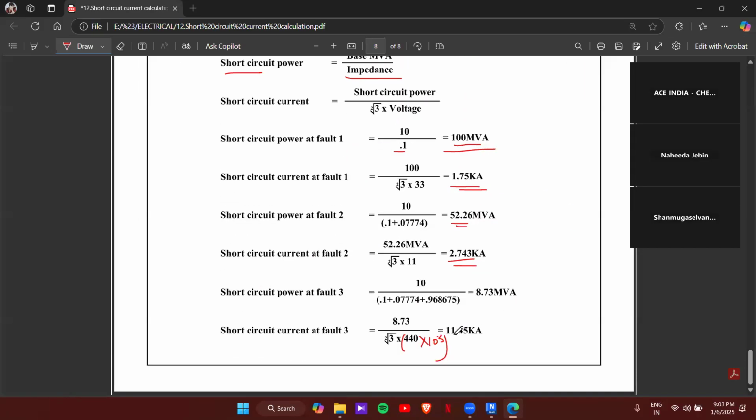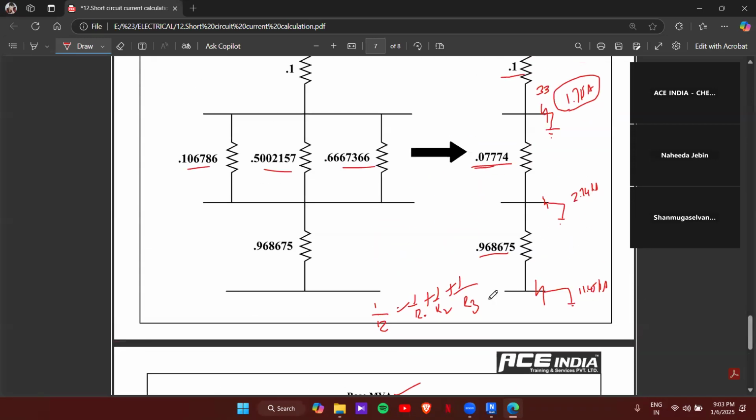Okay, so that's our short circuit calculation. So fault 1, fault 2, and fault 3. Based on these three values, we'll provide earthing here. Clear? Any doubts?